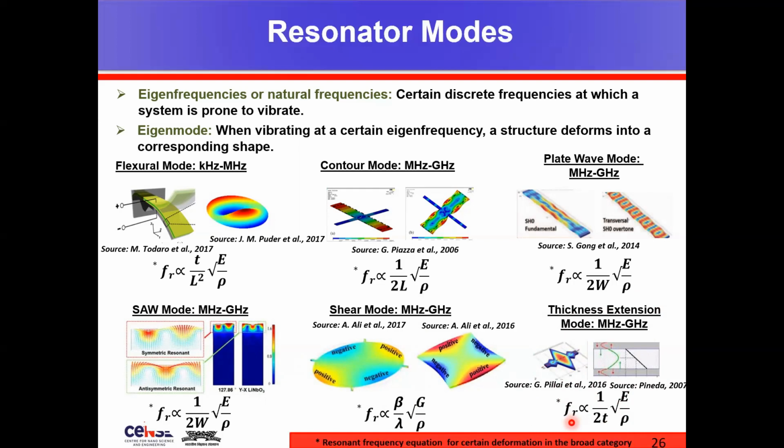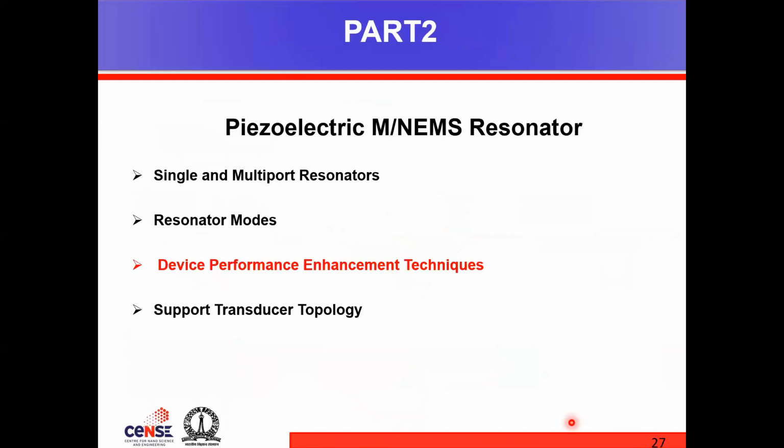This particularly depends on the E33 coefficient of the piezoelectric material, and it has extremely low motional resistance and high coupling coefficient, hence it can have a very good bandwidth of filter with lower insertion loss. Okay, so in the next section, we shall learn about the different schemes that are used to enhance the quality factor and also the electromechanical coupling coefficient.